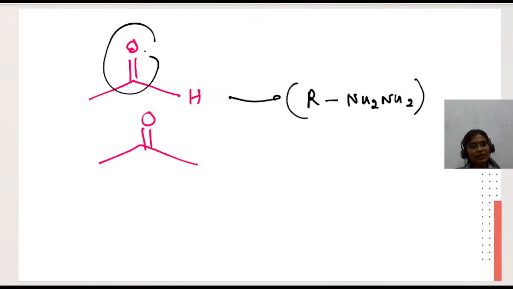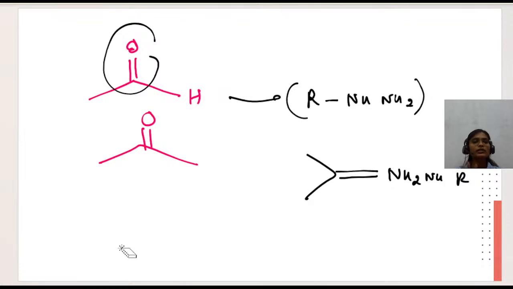The C=O bond combines with N. Let's suppose this is the bond like this, and then a double bond with NH2, or R, say some R like this. One more H I have to raise. So yes, this is a kind of reaction.